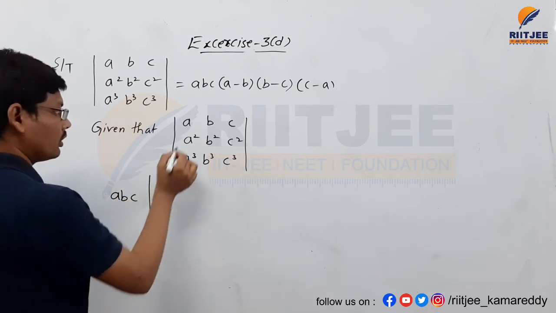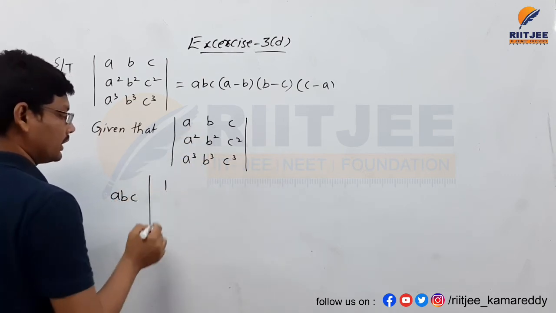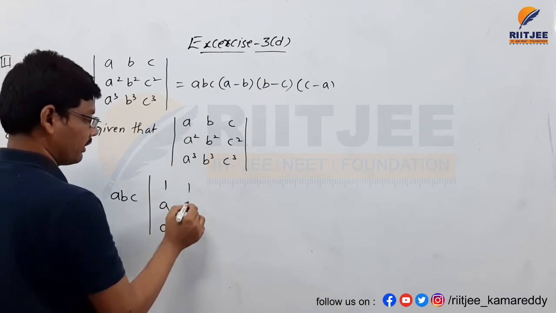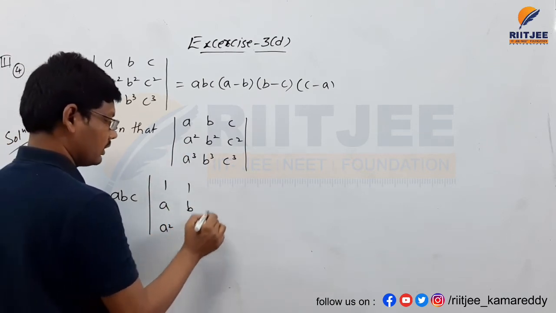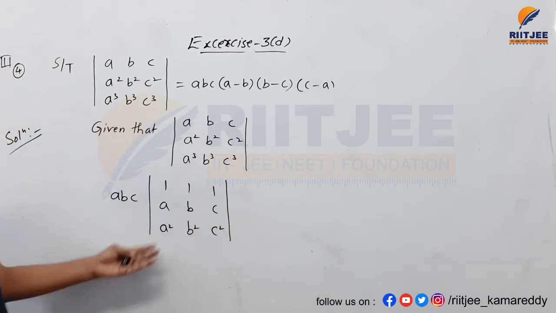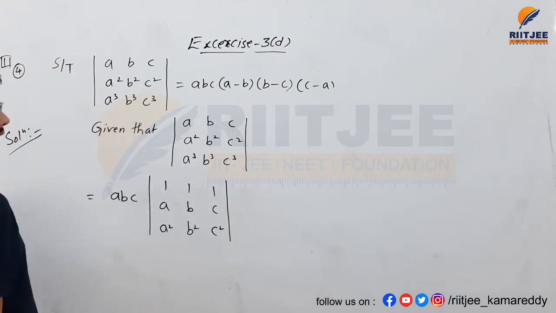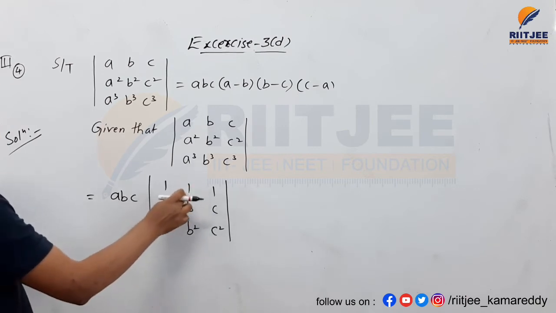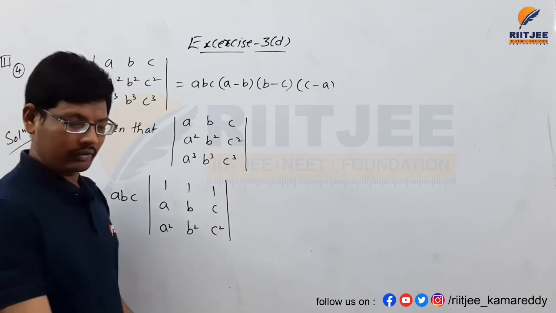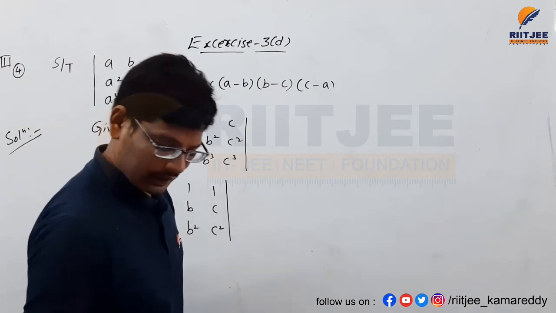So here a will go, leaving 1, 1, 1 and a square, b square, c square in the determinant. Here our aim is to convert these two elements to 0.